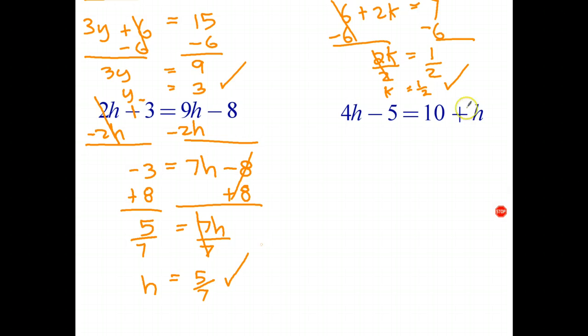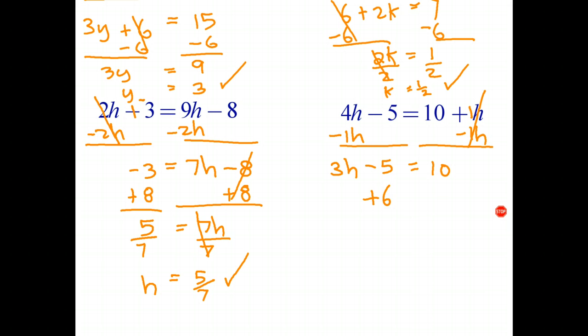Okay, the last one, once again, I've got a 1h there. So I'm going to subtract the 1h from each side. That disappears. That leaves just a 10 on the right. 4h minus 1h is 3h. Subtract 5. And we've got a standard two-step equation to solve.